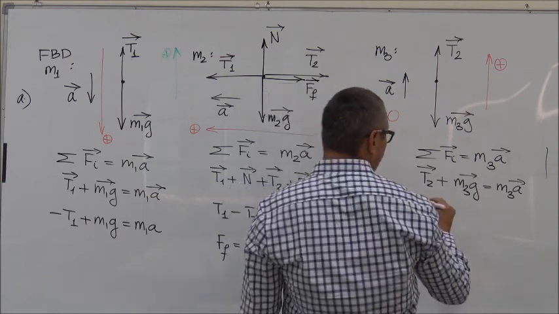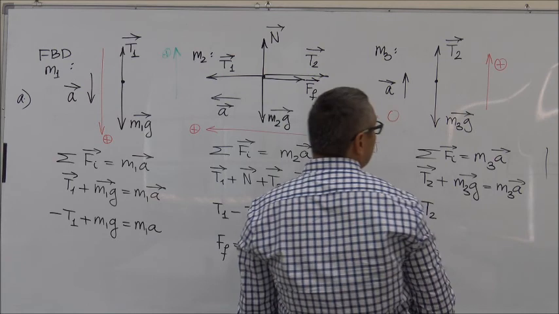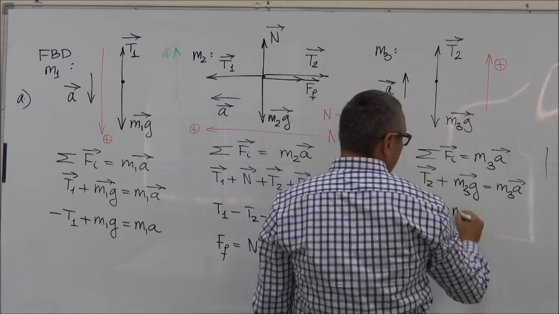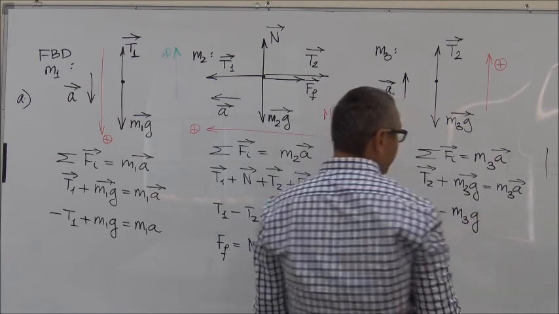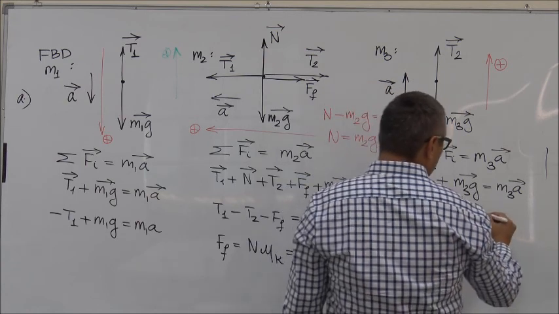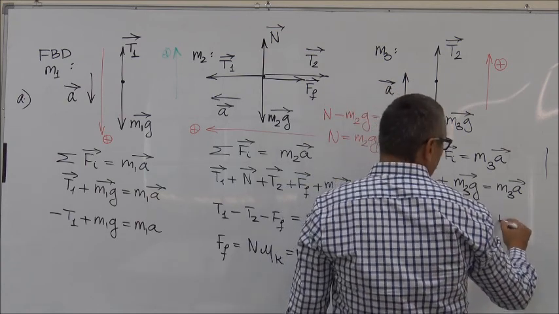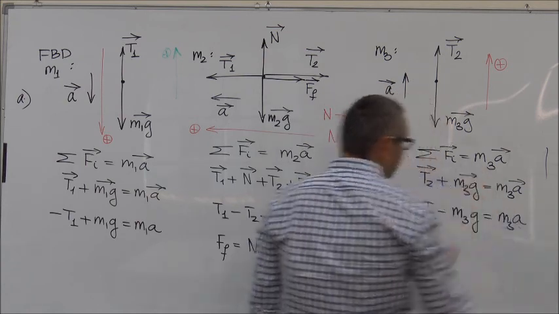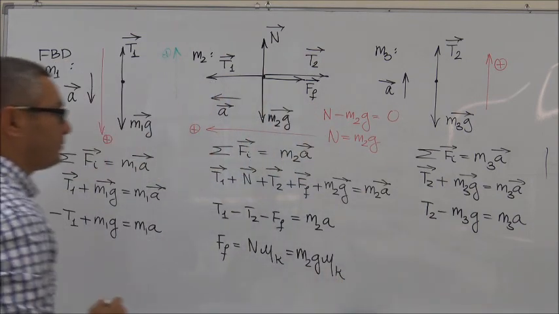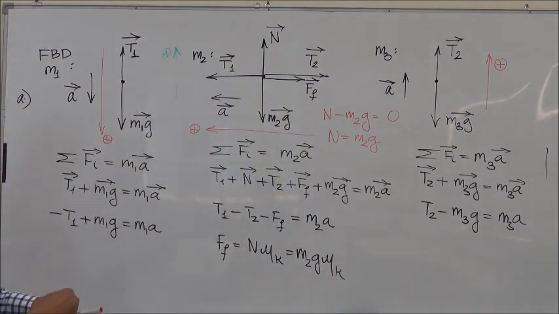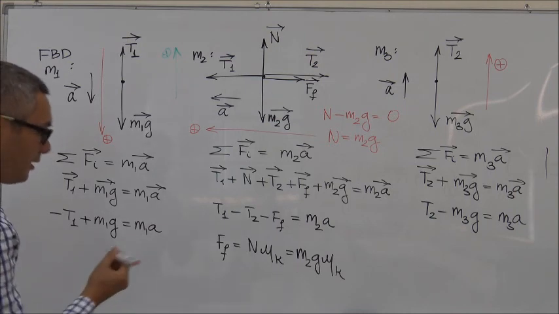Which means that T2 is positive, M3G is negative, and M3A is positive.